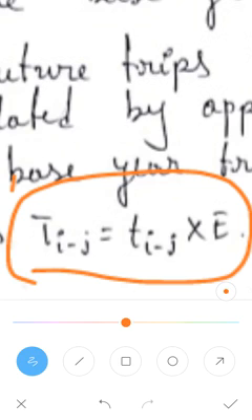That is given by Tij is equal to tij into E, where E is the growth factor. So that's about the future trips between zones i and j. This method is the uniform factor method.